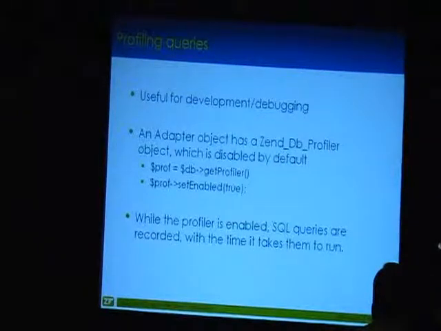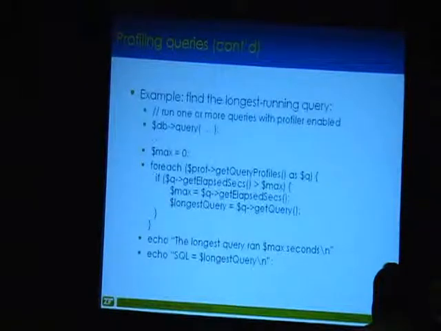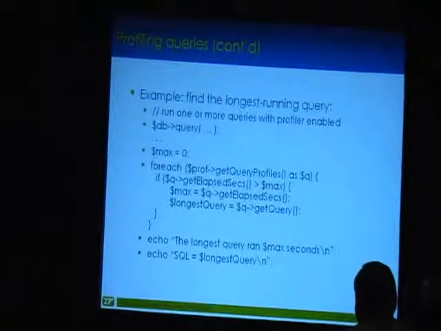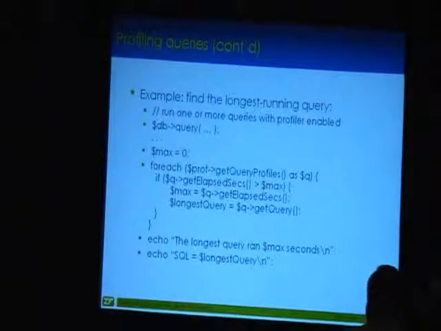It's not going to actually record any of those timings unless you specifically enable it. After you enable it, SQL queries are going to be measured. It just takes note of the time when it began and the time when it ends, and then the information is available to you later. For example, let's see this code, which just tells you the longest running query. Suppose you enable the query profiler, and then you run some number of queries, each of which is recorded by the profiler, and times are measured when those queries began and ended.